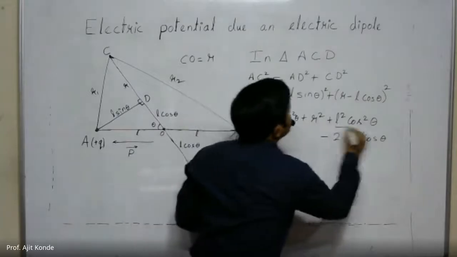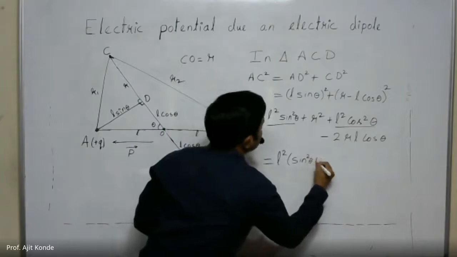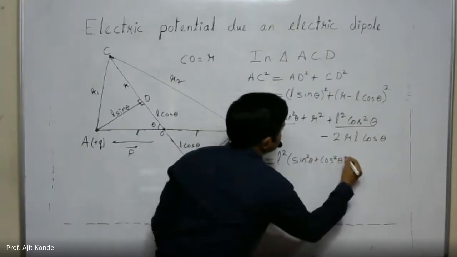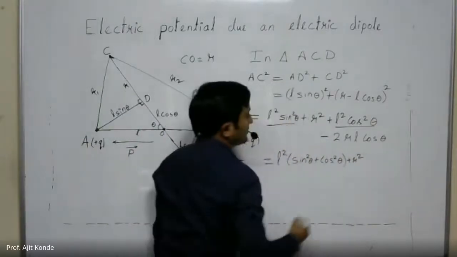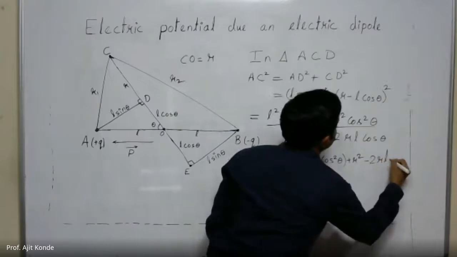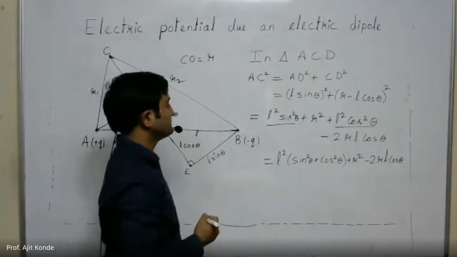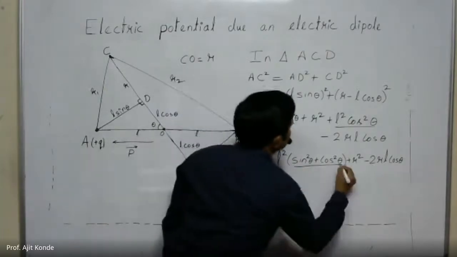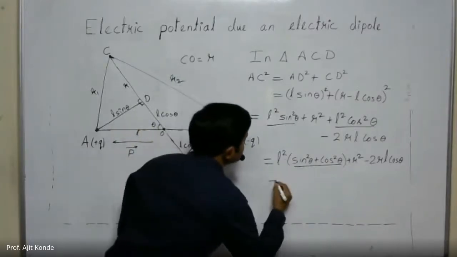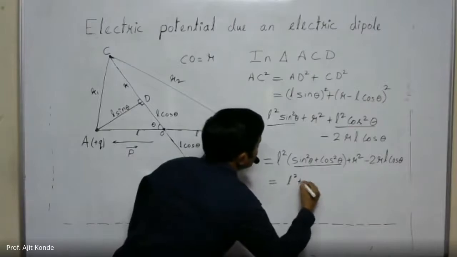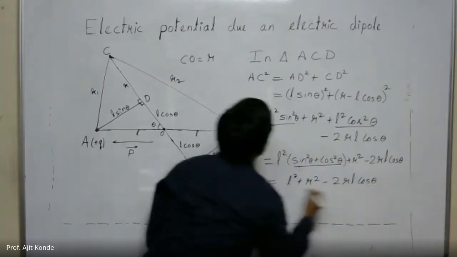Can we take L square common from these two? It will be L square common, sine square theta plus cos square theta, plus R square minus twice of RL cos theta. Then what is sine square theta plus cos square theta? That is 1. This will be L square plus R square minus twice of RL cos theta.